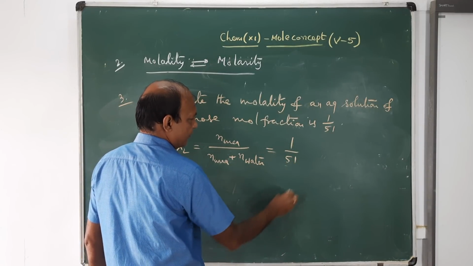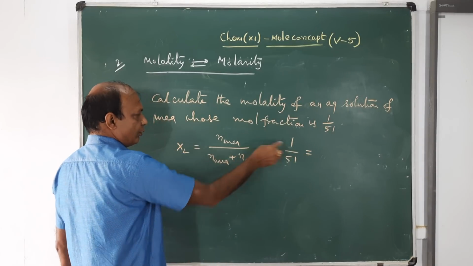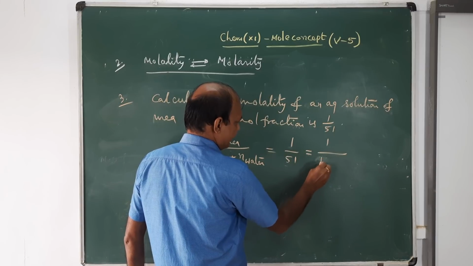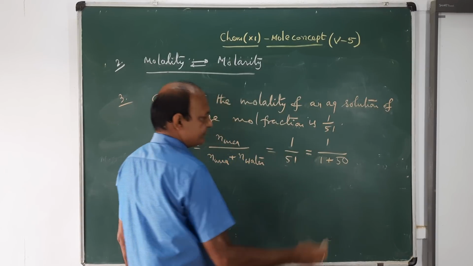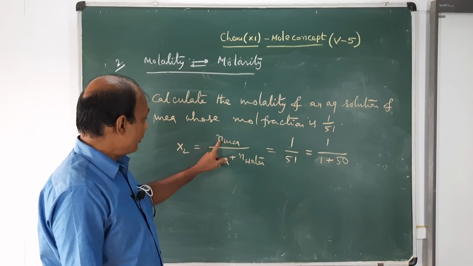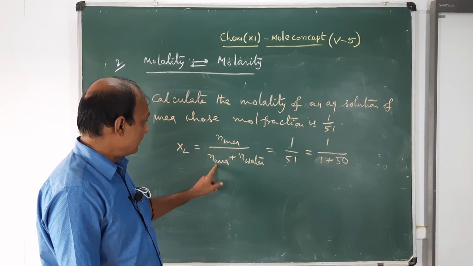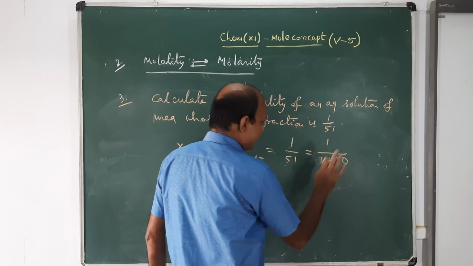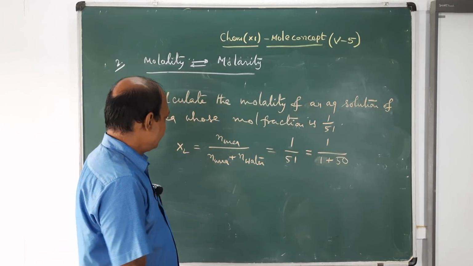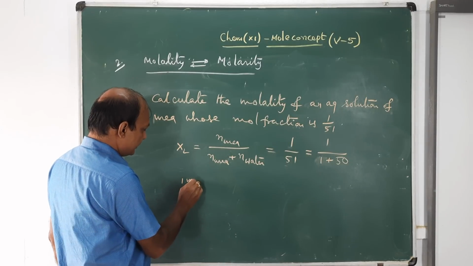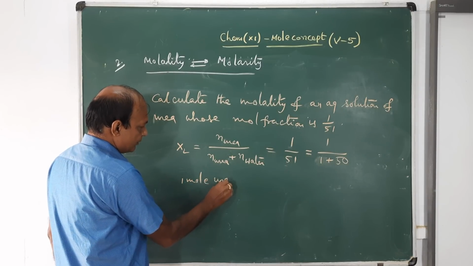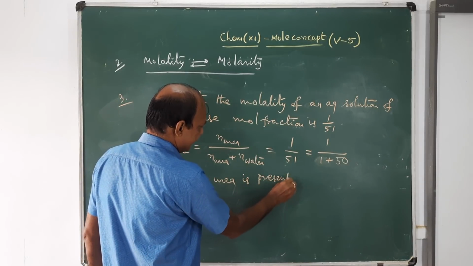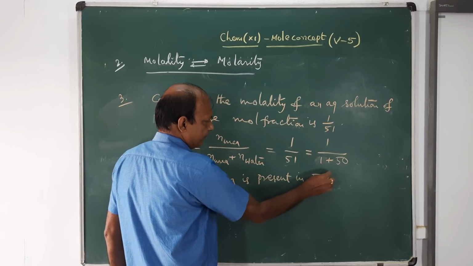So 1/51, you just consider 1 mole urea, so 1 plus 50, you can write it in this way. 1 mole urea, so here it is 1, it will be 50 because this is 51. So in this way you can break it up. Then you can write that 1 mole urea is present in 50 mole water.